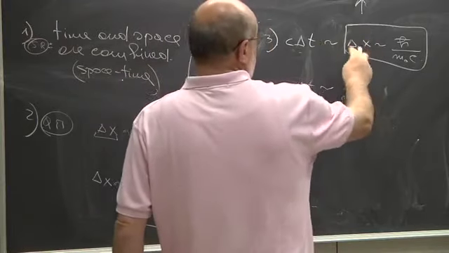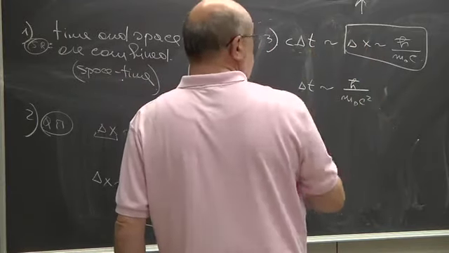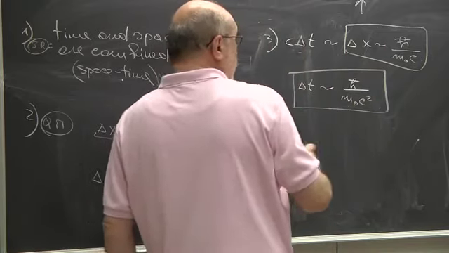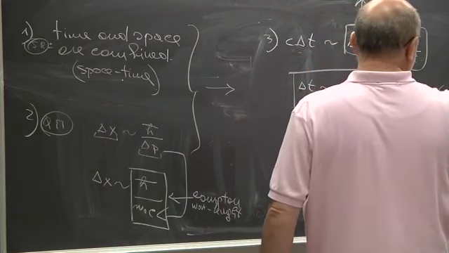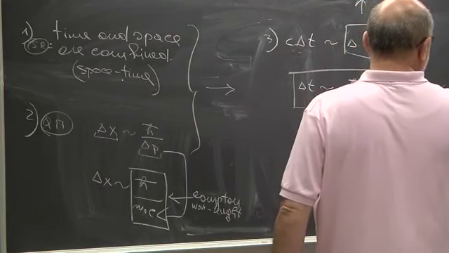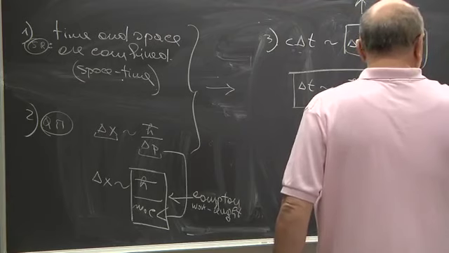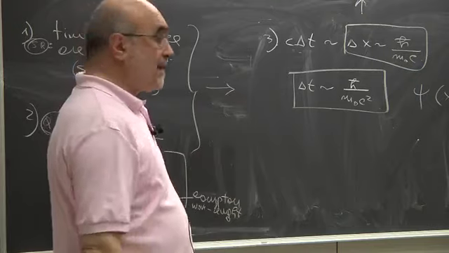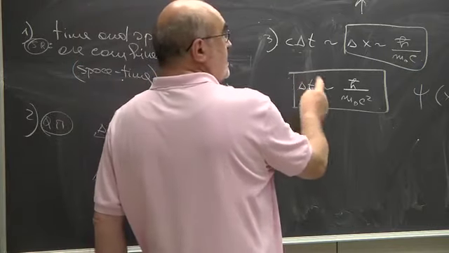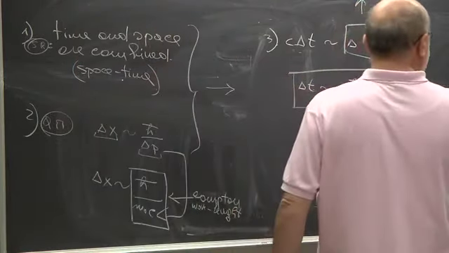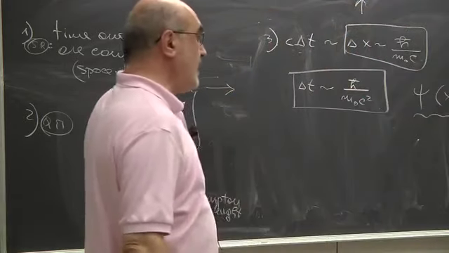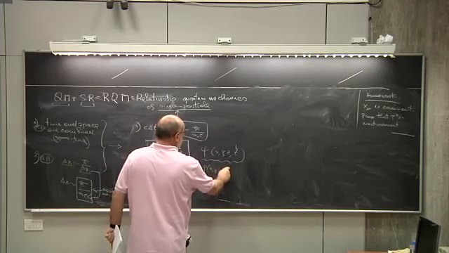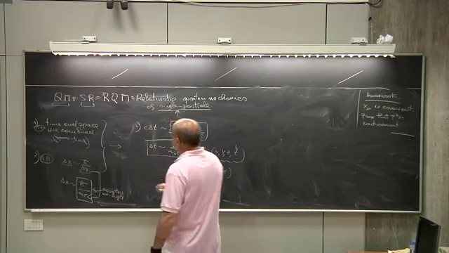This delta X is something like c delta T, so there is an uncertainty also in T. This means that when I give something like the wave function of X, Y, Z, T, I have to be careful, because it cannot be a number. We know that there is a minimum uncertainty, so this object starts losing its meaning, and also the probability density starts losing its meaning. So we have to be careful and see what it means.